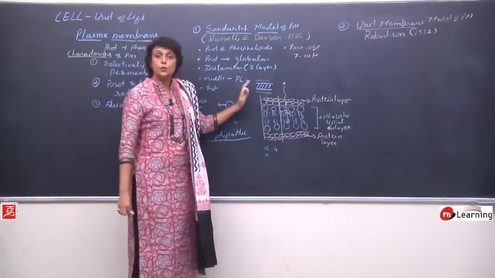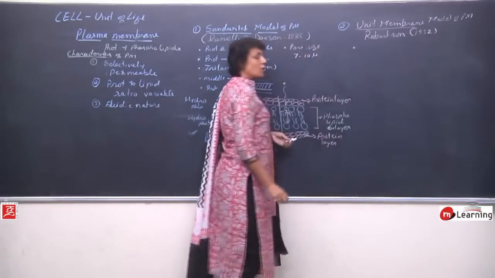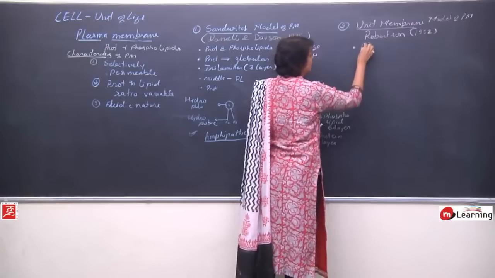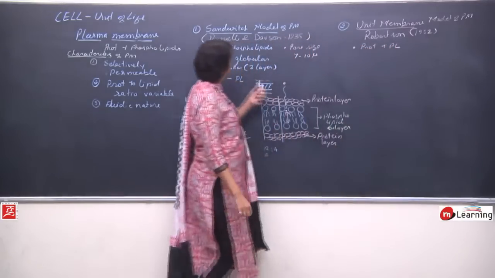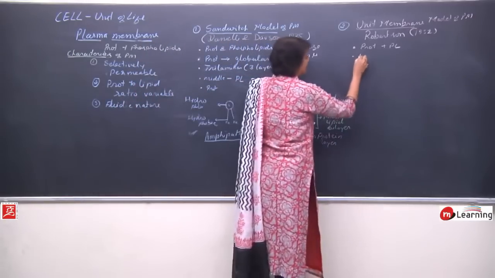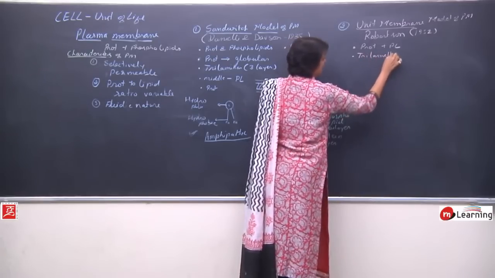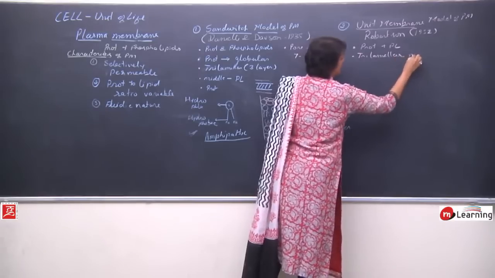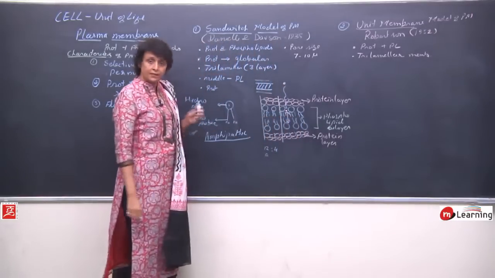There are certain things which were common. Let us talk about the common points first. First one was that this is a protein and phospholipid membrane, which was given by Danielli and Davson. It is a trilamellar membrane, same as given by Danielli and Davson, 3 layers.